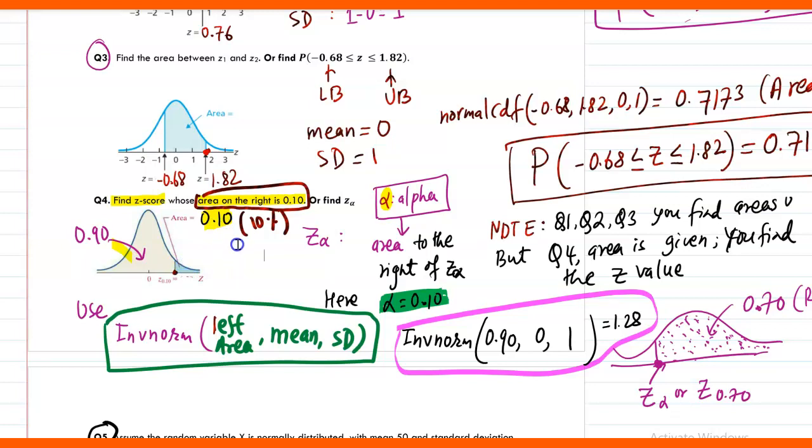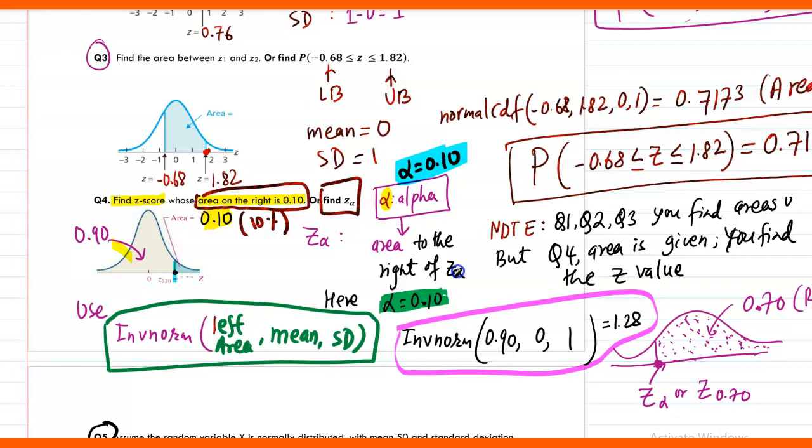In other words, this is the same as saying find z alpha. Look at the symbols here. Alpha is the area to the right of z alpha. Therefore, in this question alpha equals 0.10, because alpha is the area to the right of the point z alpha.